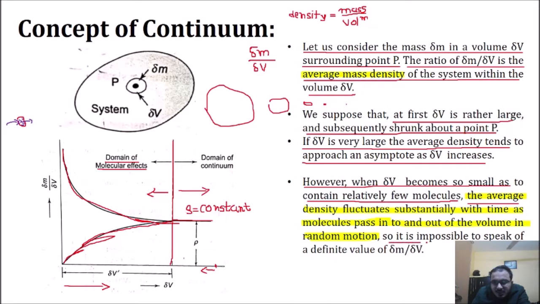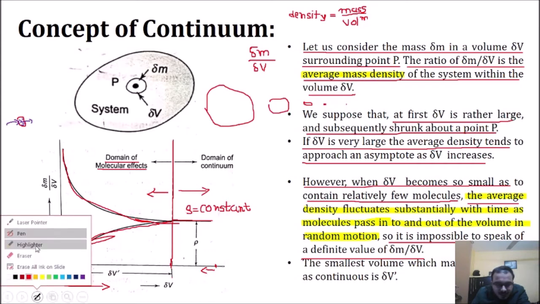It is impossible to speak about a definite value of del m over del V. So density is very uncertain in this region, while here, beyond a certain threshold value, is the domain of continuum, where there is a fixed value of density or average mass density. So this is the point of interest for us, that is, this value del V prime.